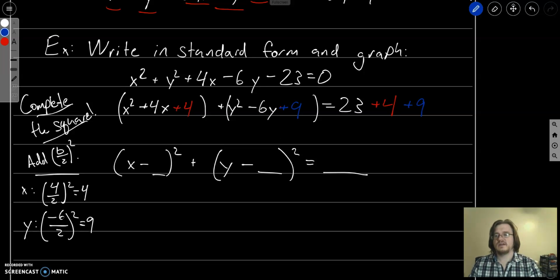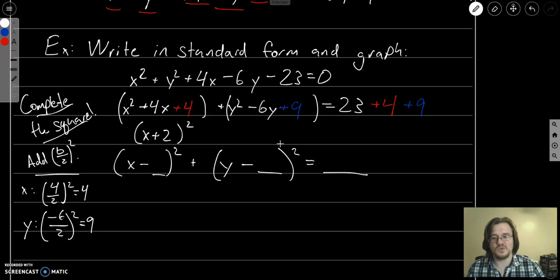Okay. So the next order of business is to simplify things. So it turns out that x squared plus 4x plus 4 simplifies into x plus 2 squared. And again, if we go backwards, if you take x plus 2 times x plus 2, we will get the x squared. 2 times 2 is 4, and 2x for the outside term and 2x for the inside term adds up to 4x. There's a reason why completing this square works.